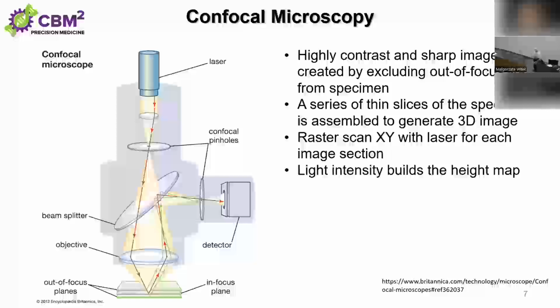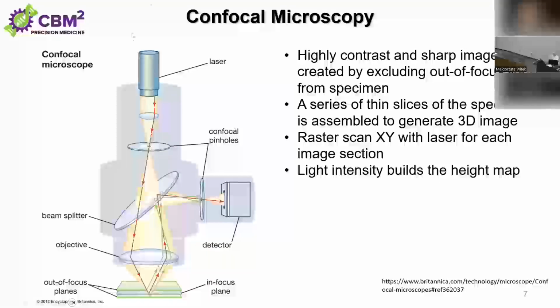A common way to do that is using a fluorescence microscope. When that beam of light impinging upon the sample hits the fluorescence, it lights up, so you see differences in the fluorescence intensity.